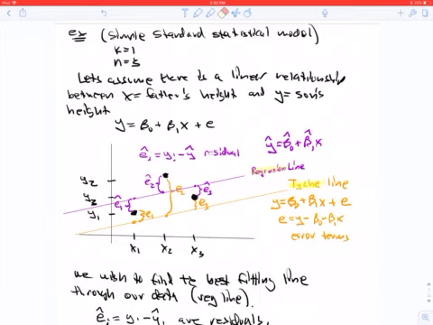So this true line is not something we know. It is in some sense the true relationship between our variable x and y. But what we are able to determine is the regression line, which is the best fitting line through our data. And what we mean by best fitting we'll talk about in a moment.